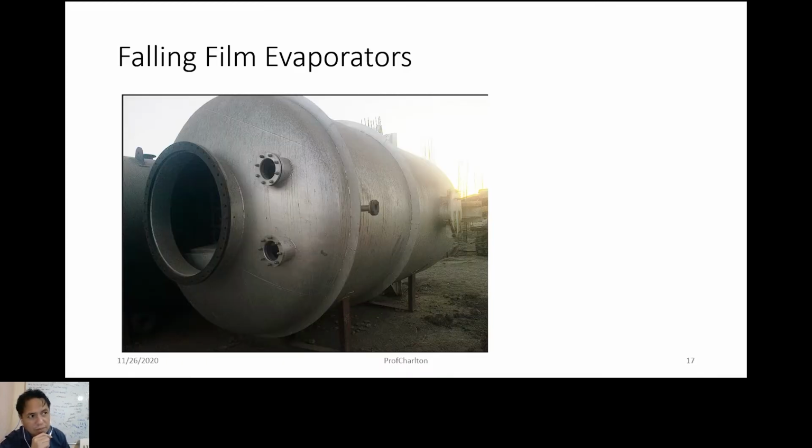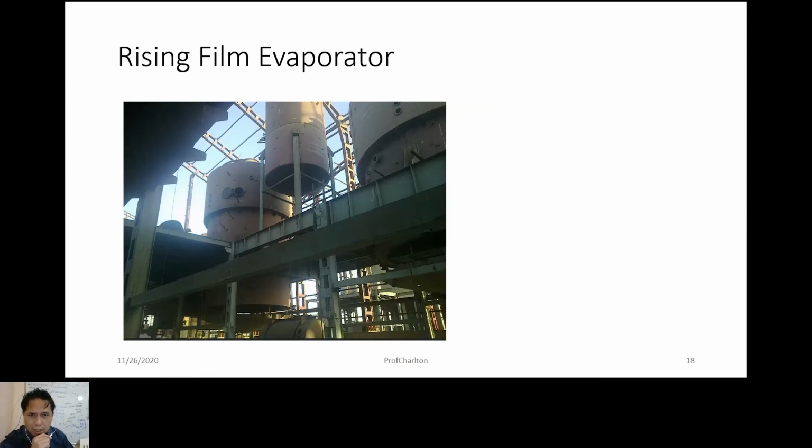Now, don't think that evaporators are only used in refrigeration systems. There are other evaporators and they are used in industrial processes like this one. Falling film evaporator, rising film evaporator, they are used in sugar manufacturing.